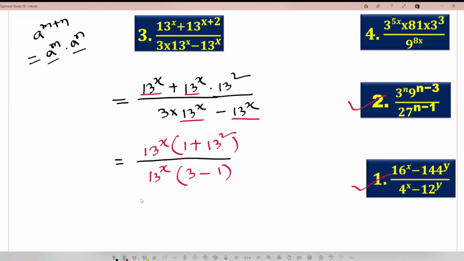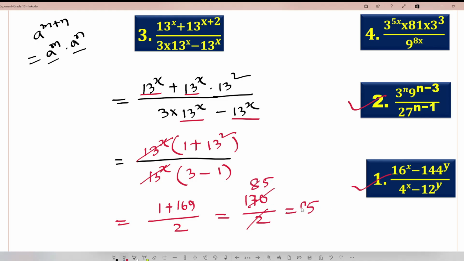Okay, now this 13 to the power x we can cancel, and here is 1 plus 13 squared, meaning 170, and here is 3 minus 1, meaning 2, so here is 170 divided by 2, it will become 85. So 85 is our answer. Okay, very easy way we simplify this exponent.